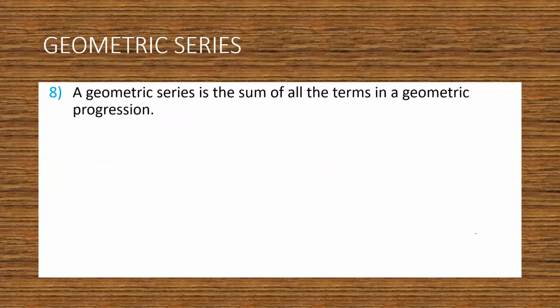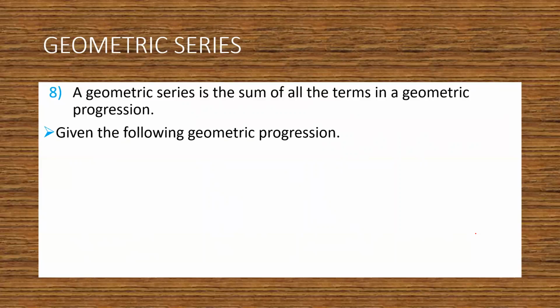May I proceed? Yes. Now here they said a geometric series is the sum of all terms in a geometric progression. So when we add all terms in a geometric sequence, we will get what we refer to as a geometric series.